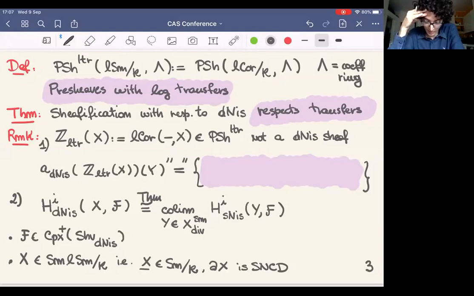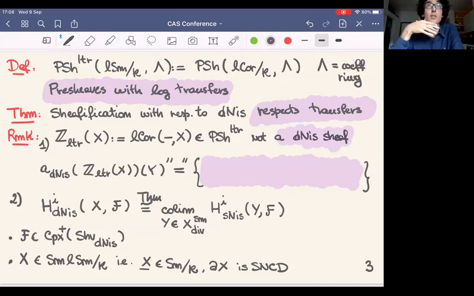Okay, let me make a couple of remarks. The first one is that you can consider the Yoneda embedding of log correspondences into pre-sheaves with log transfers, and you can quickly check that this is not a dividing Nisnevich sheaf. It's not so surprising, because if you remember, the dividing topology involves considering certain kinds of blow-ups, so these log modifications, as Gysin said yesterday.